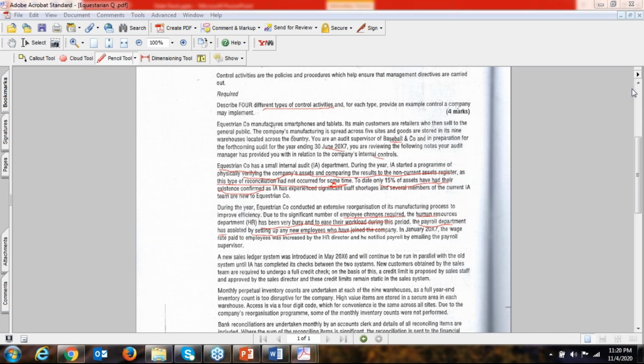So there is a risk that the payroll department can set up a fake employee, because this is the department responsible for giving the salaries, and if the same department now has the authority to hire employees, it has a higher chance to set up a fake employee and give them salaries over long intervals. So this is the deficiency, the reason for the deficiency and its impact.